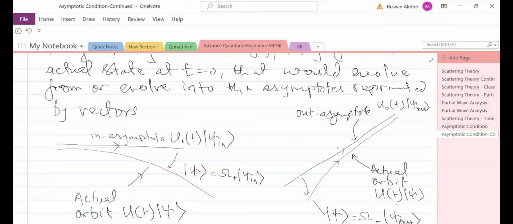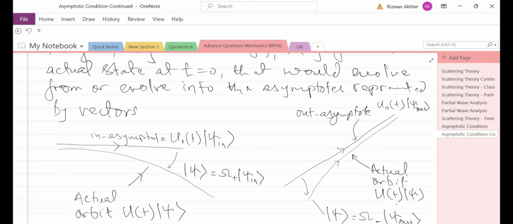They are produced in some definite incoming wave packet. So the psi in can be represented by some incoming wave packet, and similarly psi out can be represented as some outgoing definite wave packet.